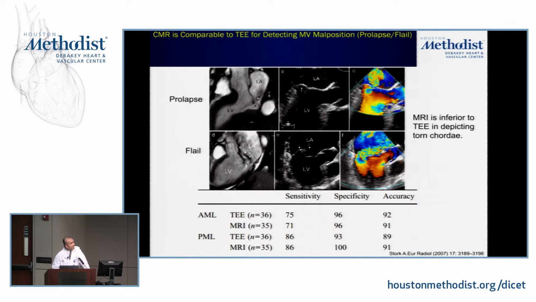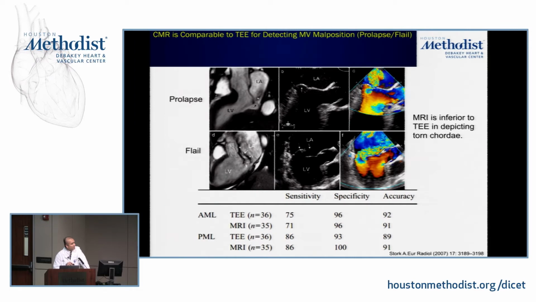Here's some data actually comparing the sensitivity and specificity of both CMR as well as transesophageal echo for identifying the abnormality. And again, this was using a surgical gold standard, so these are all patients that went to the operating room.